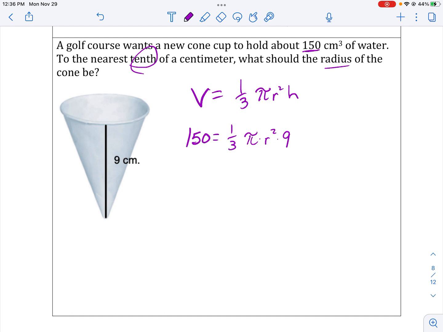And then I know that H is my height. So when I begin solving, I'm going to multiply those numbers, because 1/3 times 9 is just 3. And then I'm going to substitute 3.14 in for pi, because it's not in terms of pi, so I have to use 3.14. So I'm going to divide each side by 3 to begin with. 150 divided by 3 is just 50. So I have 3.14 times R squared. Now I'm going to divide by 3.14.